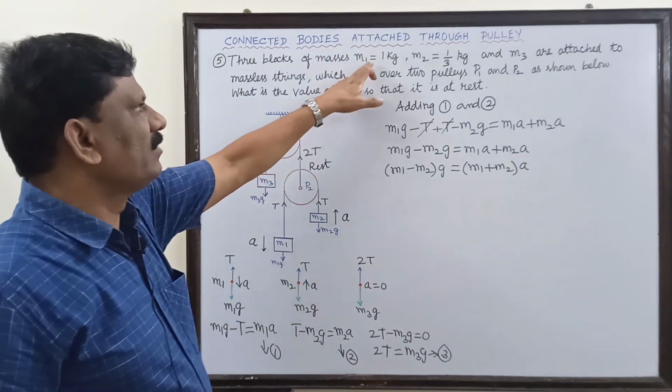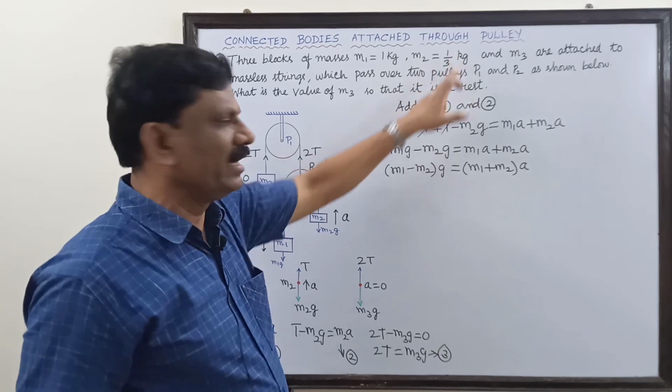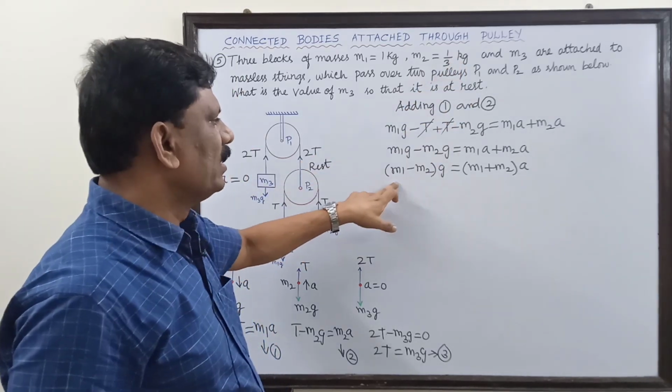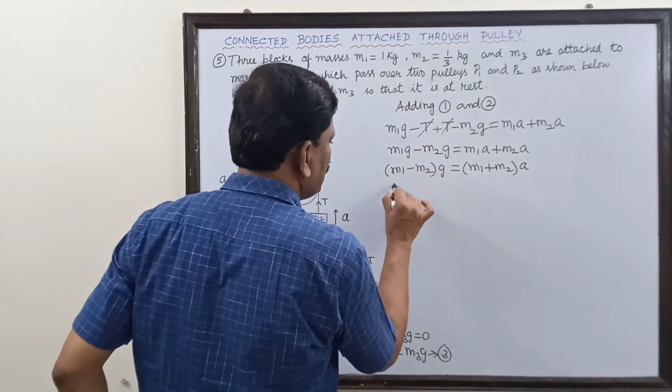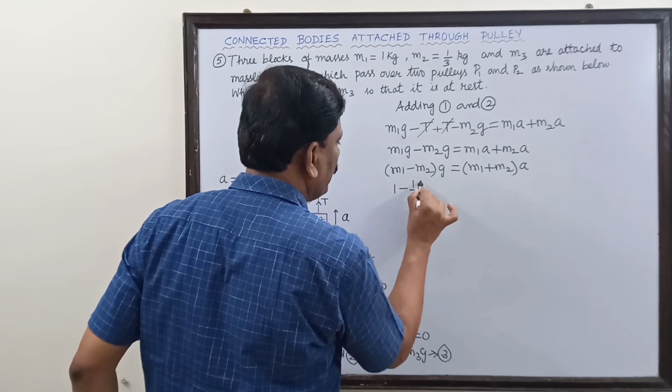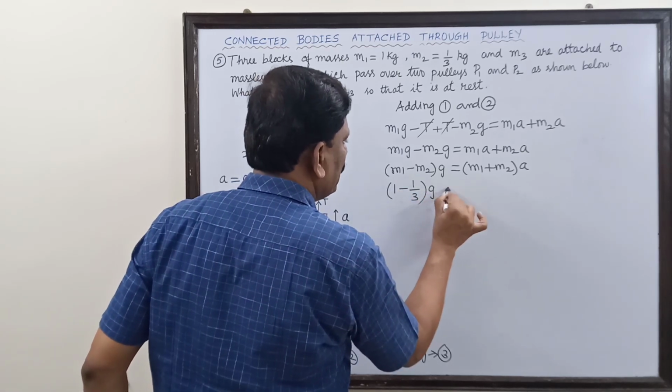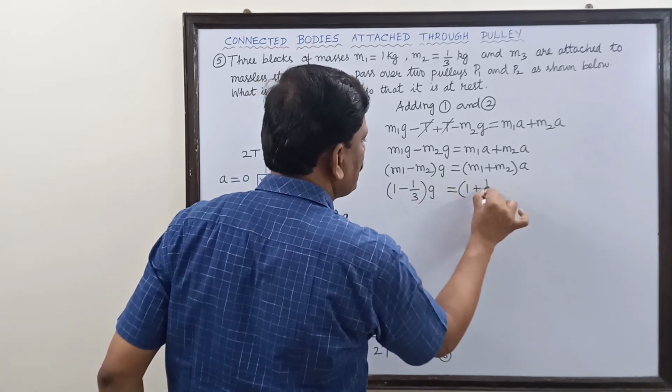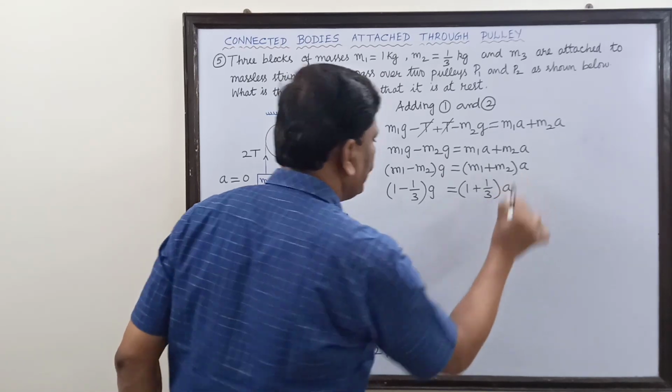Now the values of m1 and m2 are given. I am going to substitute here. So (1 minus 1 by 3) into g is equal to (1 plus 1 by 3) into a.